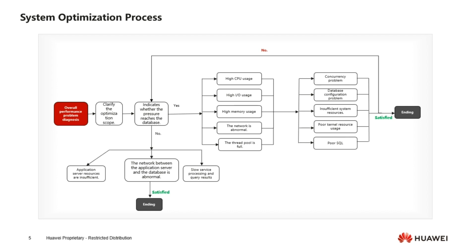If it's the whole system, we will first indicate whether the pressure goes into the database. If it's not, we should analyze the application side. It can be the lack of server resources, slow queries in the app, improper configuration of the connection pool, or even network latency between the server and the database.